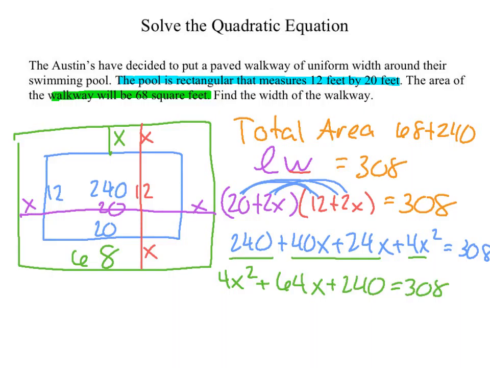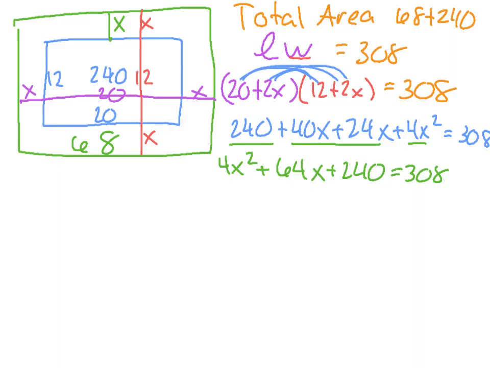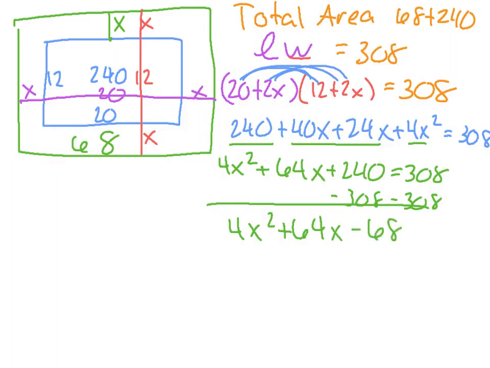Now, to solve this, I need to set it equal to 0. So if I subtract 308 from both sides, I get 4x squared plus 64x minus 68 equals 0. Now I need to do the quadratic formula.